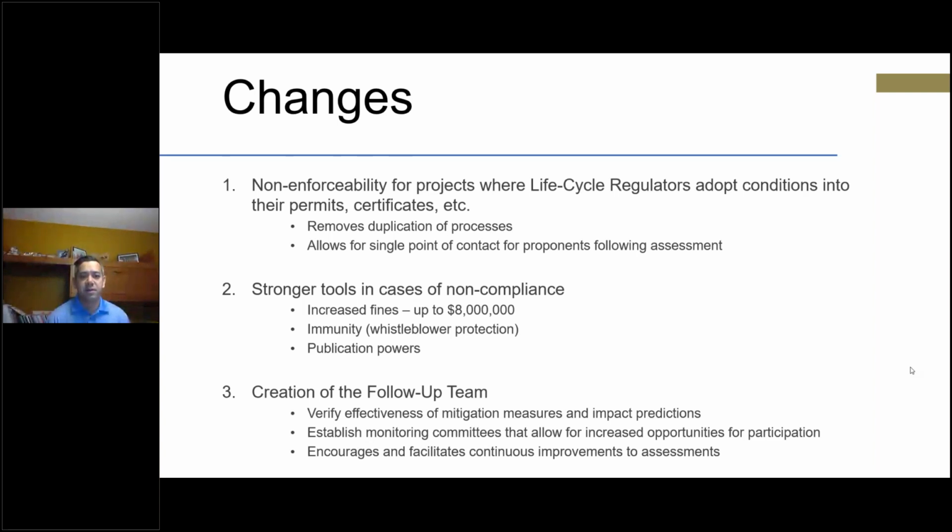Then the third item I've listed there under number 2 is publication powers, meaning that we must publish information provided by proponents to comply with conditions, summaries of reports that are completed by enforcement officers in the exercise of their power, duties, or functions, a notice of non-compliance, where a proponent has been informed of such, and a written order when issued to a proponent.